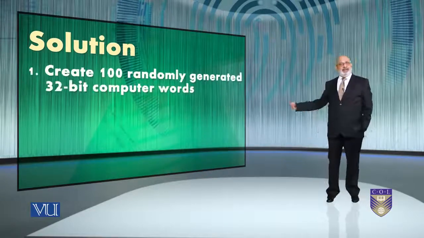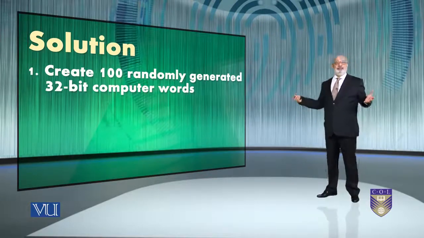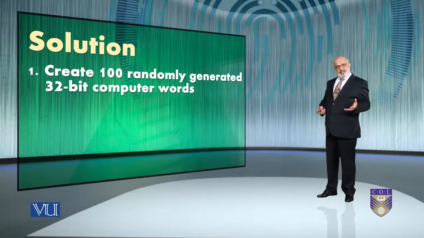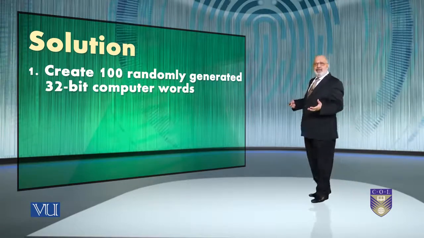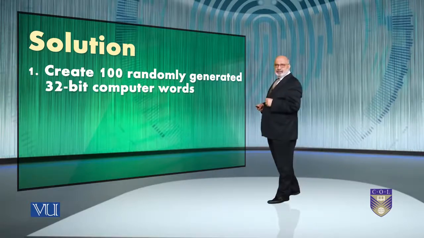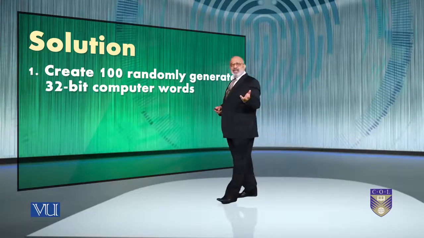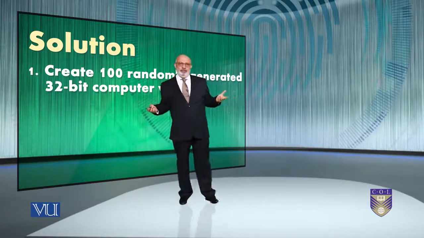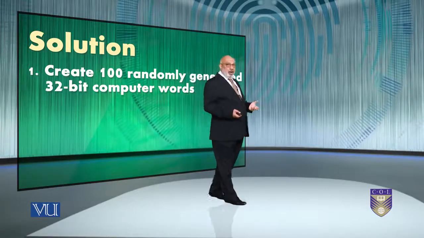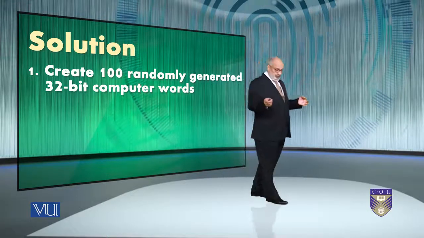As I said initially, you start with random starting points, the initial state. So let's create 100 randomly generated 32-bit words. These words can be, for example, the word tour, T-O-U-R, or the word four, F-O-U-R.